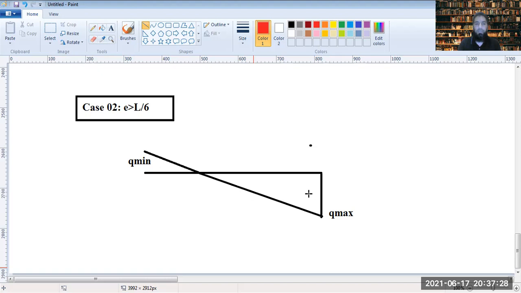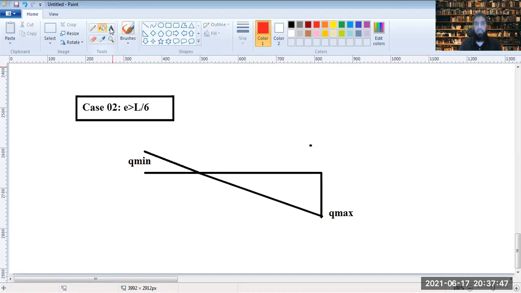Being a uniaxially eccentric problem with a triangular distribution of load, the soil is under compression on the right hand side in this figure.